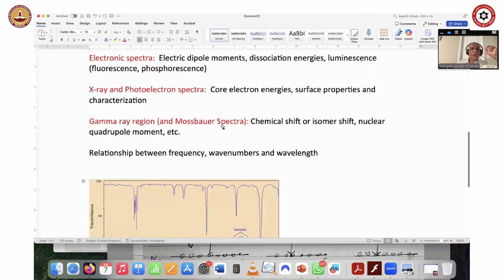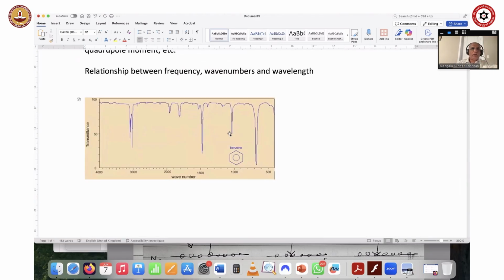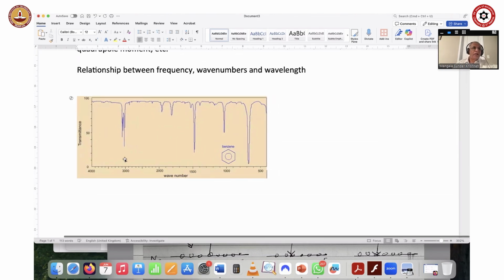For example, what you see here is an example of an IR, infrared spectrum of the benzene molecule. You see a plot of wave number as the x-axis, and the transmittance, or the intensity of the spectral profile.